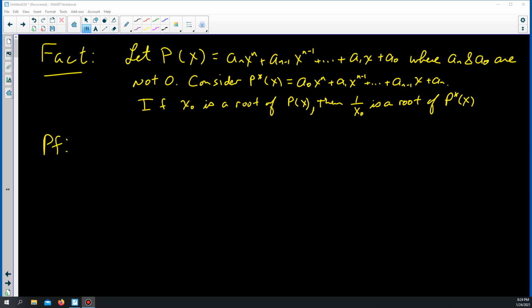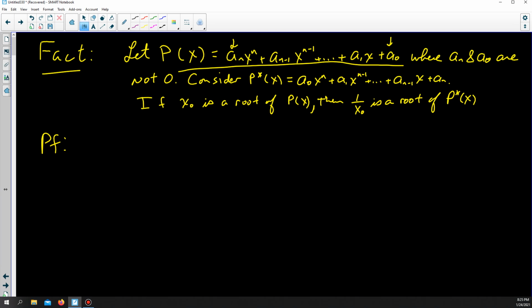We're going to prove the following fact. If you have a polynomial of degree n where a_n and a_0 are not 0, neither of them are 0, and then you reverse the coefficients, that is, you put a_n first and a_1 second, and the last one is a_0.